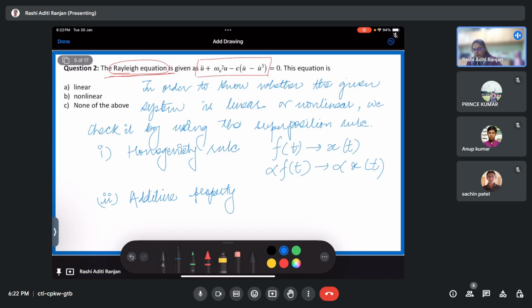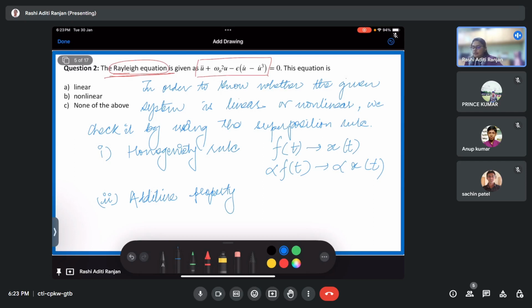Correct. For example, if for a spring mass system, I apply a force F1, then it shows a displacement of x1. And then if I apply a force F2, then it shows a displacement of x2. Now, what if I apply a force F1 plus F2? Then it should show a displacement of x1 plus x2. Correct? In order to balance the forces. So in this case also, we do the same thing.